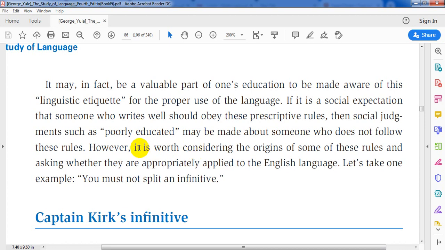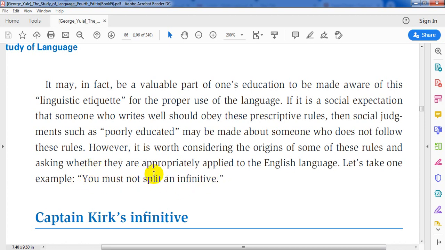In this section we have an example of one of those rules and how they dealt with it in grammatical description, and how they tried to make people avoid this rule.